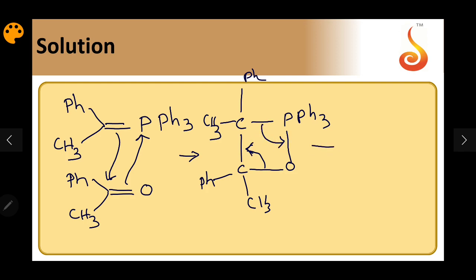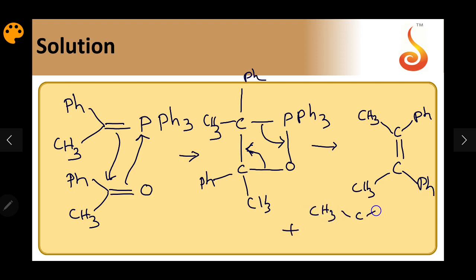So it loses PPh3O and forms CH3, CPh, double bond, CH3, Ph. Plus I can get even the trans isomer also.